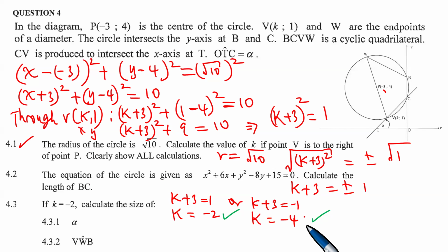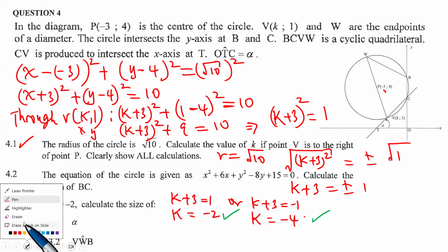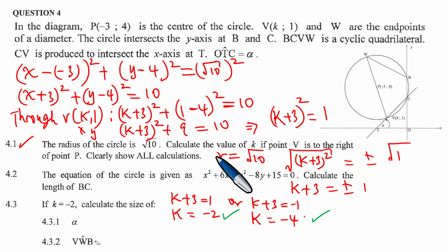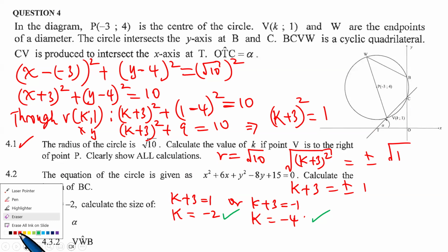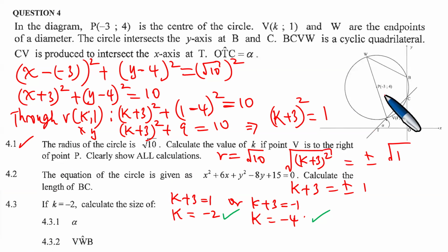The question we're asking is the value of K if point V is to the right of point Q. So in other words, K here is what?